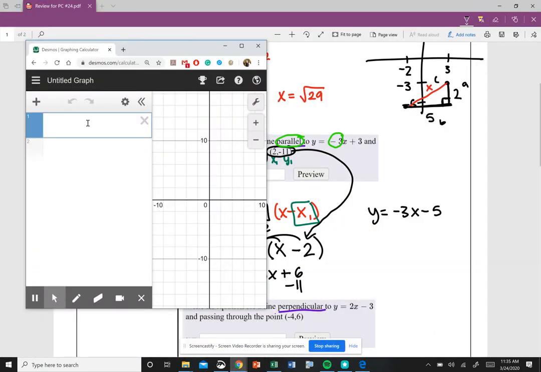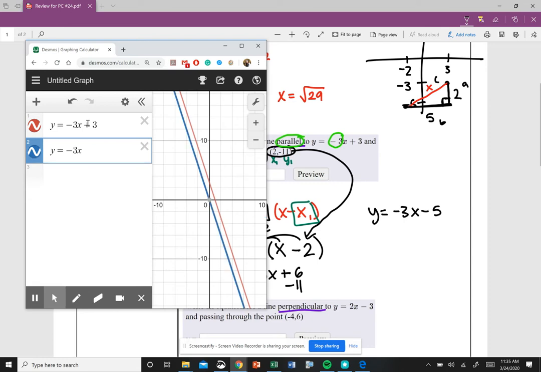There we go. Okay, so I'm going to put the first line they have in there. So this is y equals negative 3x plus 3. And then on the next one, this is the one that I made, is y equals negative 3x minus 5. And they look pretty dang parallel to me.